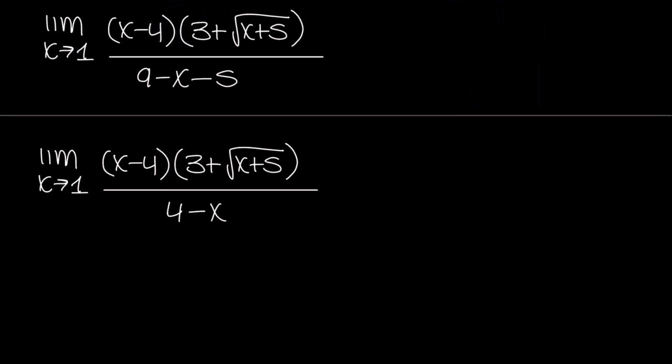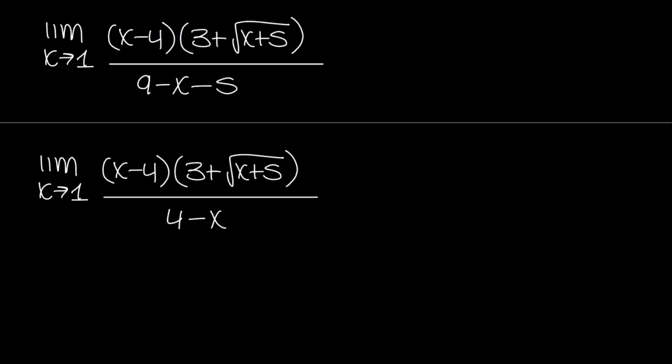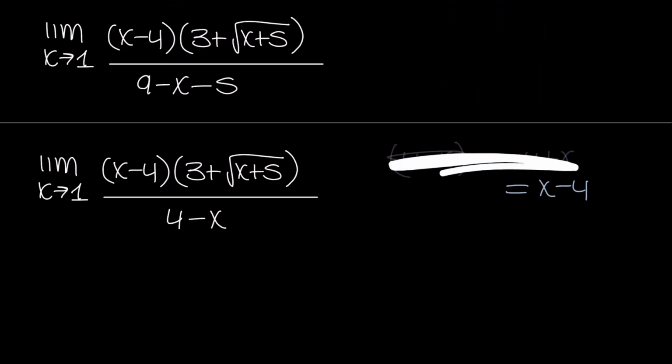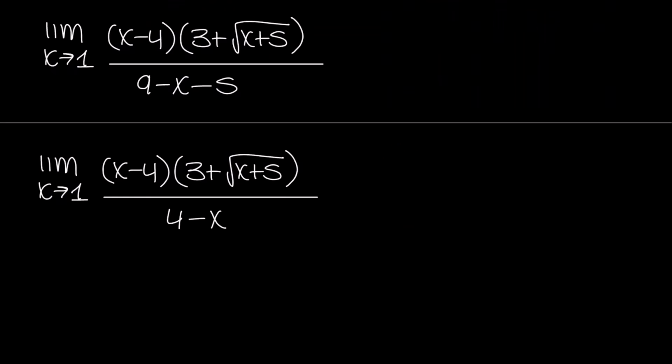And if you realize, think about it. If I multiply 4 minus x by a negative, it gives me something I can rearrange into x minus 4. So if I multiply both my numerator and denominator by a negative, I should get the right answer.